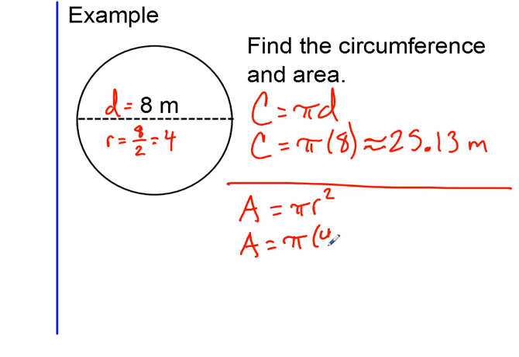Pi times 4 squared. Remember to square the 4 first before multiplying. 4 squared is 16. And now I'm going to do pi times 16. I end up with 50.27, and this is rounded, meters squared.